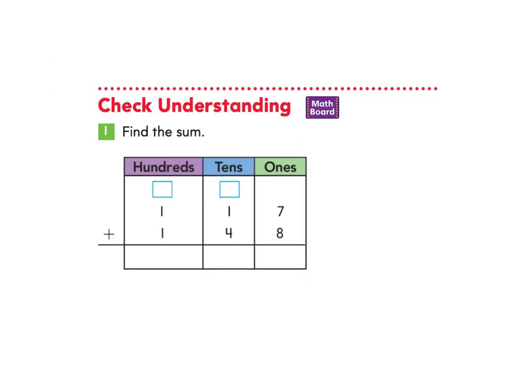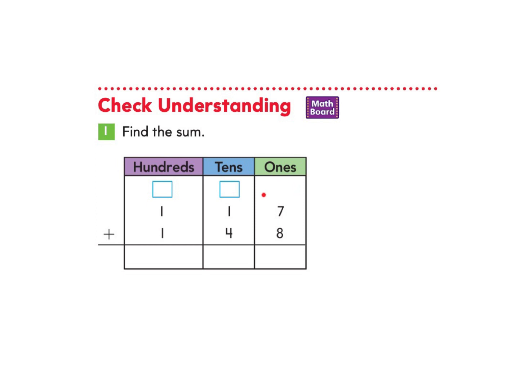Let's check for understanding. Find the sum. We have the equation 117 plus 148. If you would like to pause and try to complete this on your own, you may do so and come back to check your answer, or you can follow along with me.